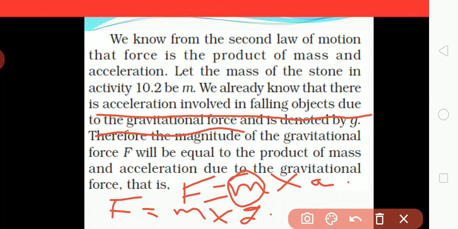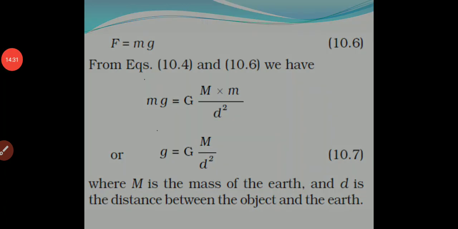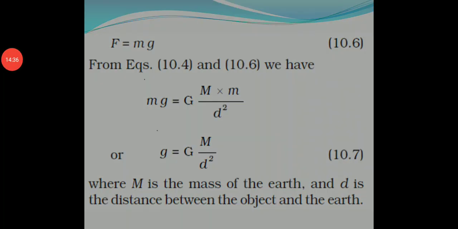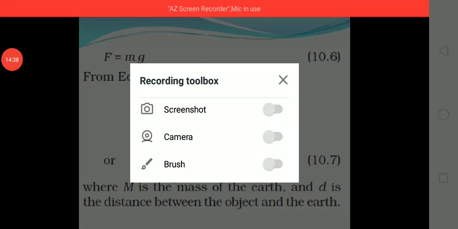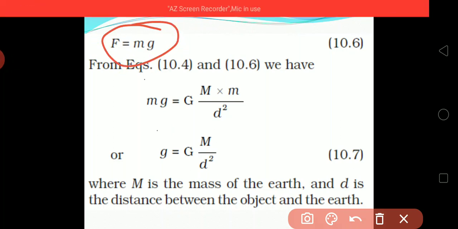Therefore, the magnitude of the gravitational force F will be equal to the product of mass and acceleration due to gravity. So F is equal to mg.